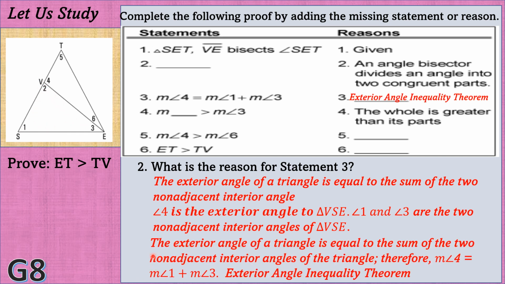So the exterior angle of a triangle is equal to the sum of the two non-adjacent interior angles of a triangle. Therefore, we can justify the statement, measure of angle 4 is equal to the measure of angle 1 plus the measure of angle 3, by the exterior angle inequality theorem.